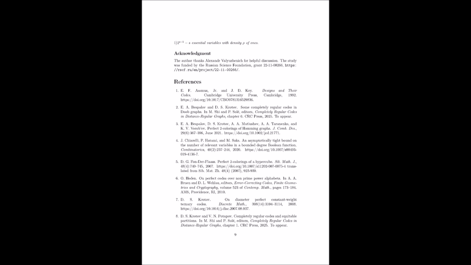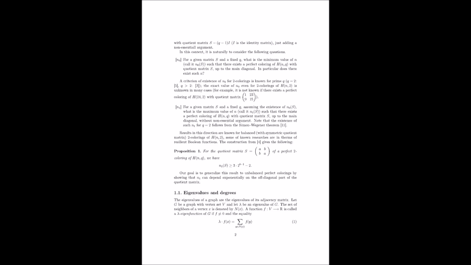The diagonal entries of the quotient matrix capture the essence of the coloring, while the off-diagonal entries represent the interactions between different colors. So as we add more layers, we're increasing the essential information much faster than the interaction information. So it's like we're maximizing the signal while minimizing the noise. Exactly. We're getting more bang for our buck in terms of information content.